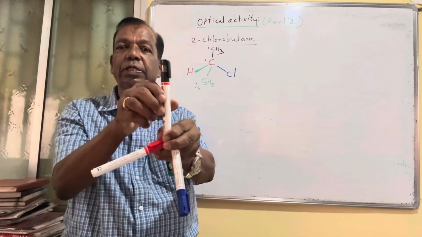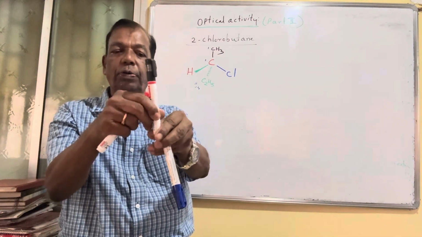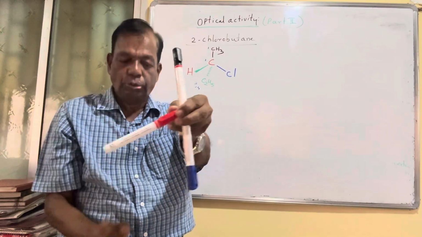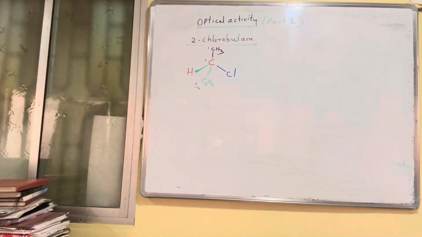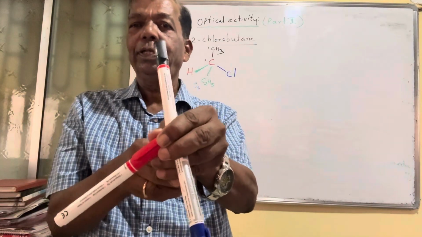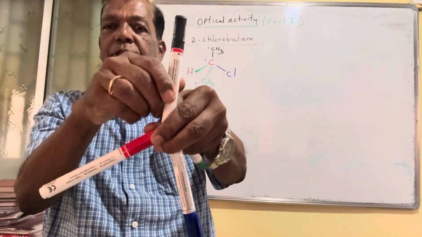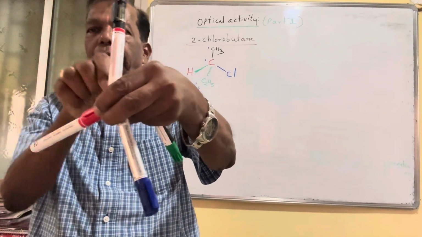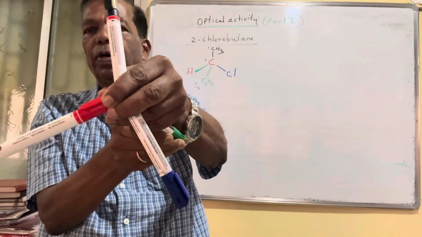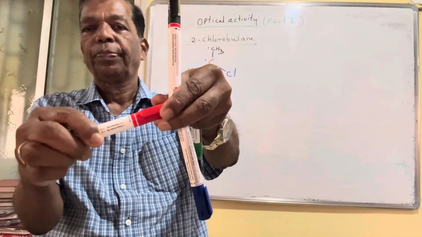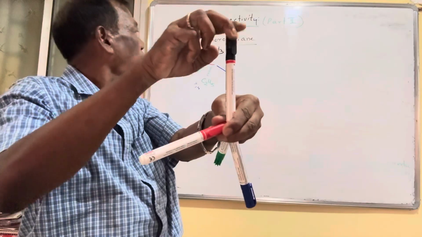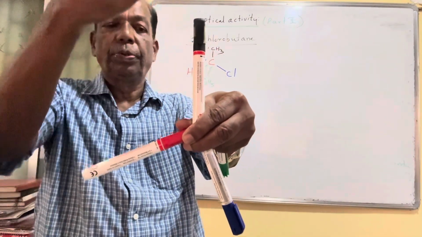Can you understand this now? I hope you can follow properly. This is the actual structure. I hope you can see clearly the one carbon here in the center. This chlorine and methyl are in the plane of the board.